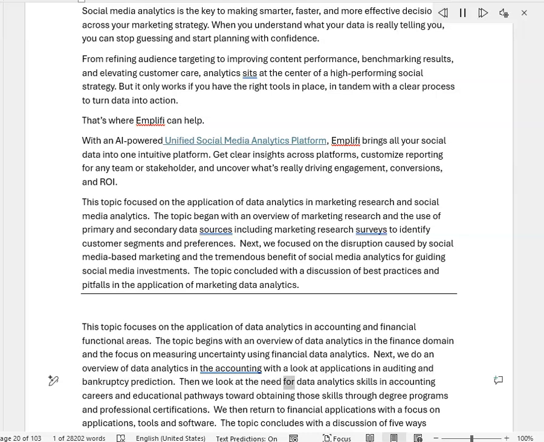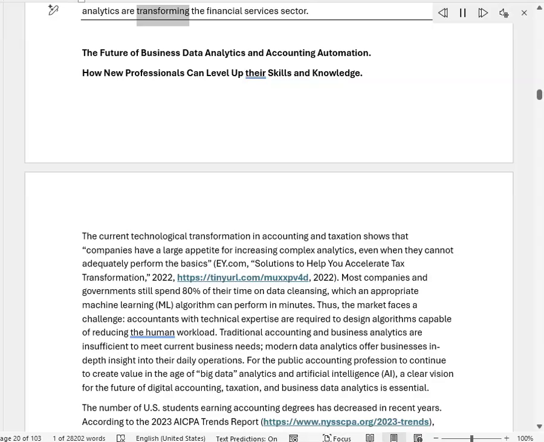Then we look at the need for data analytics skills in accounting careers and educational pathways toward obtaining those skills through degree programs and professional certifications. We then return to financial applications with a focus on applications, tools, and software. The topic concludes with a discussion of 5 ways analytics are transforming the financial services sector.